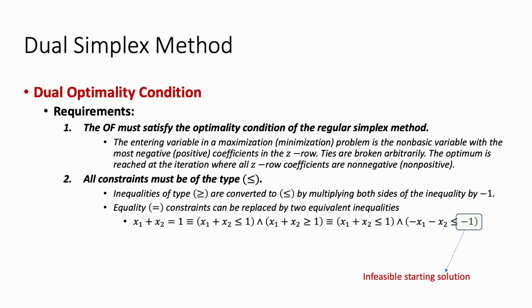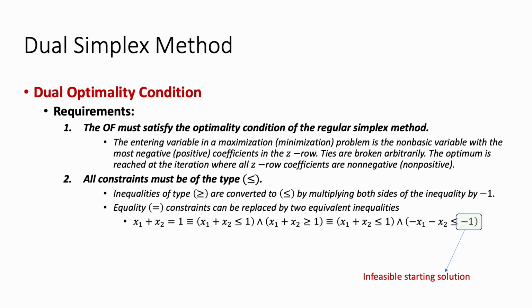So in summary, the dual optimality condition requires the following things. The objective function must satisfy the optimality condition of the regular simplex method. So this means that for a maximization problem, the entering variable is chosen to be the non-basic variable with the most negative coefficient in the Z row.